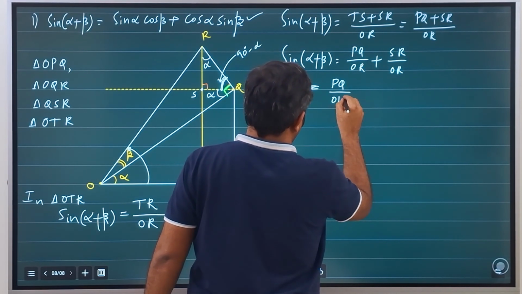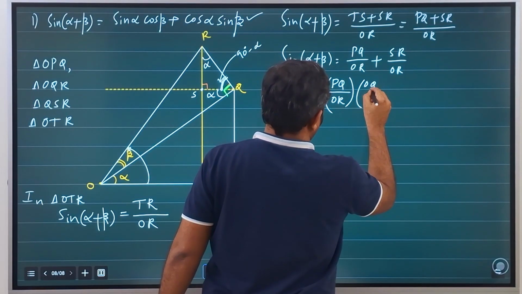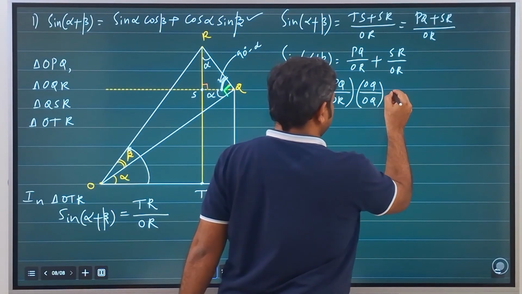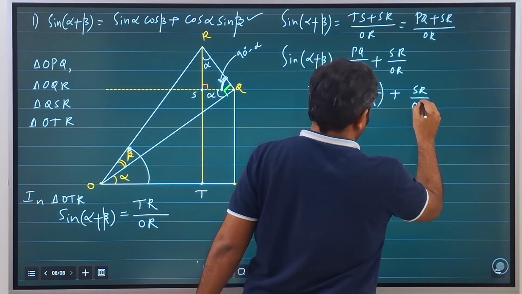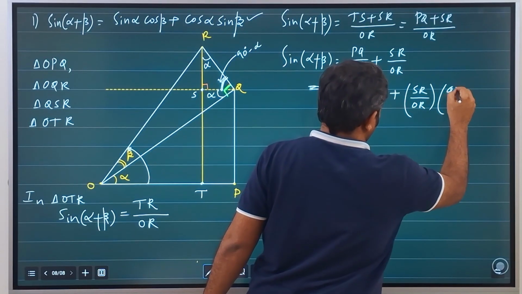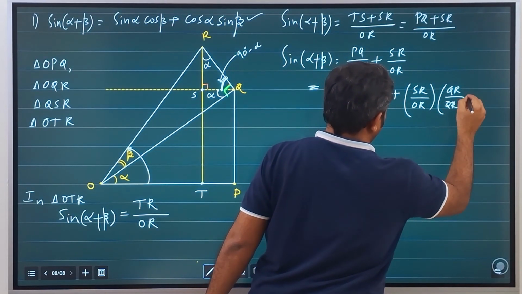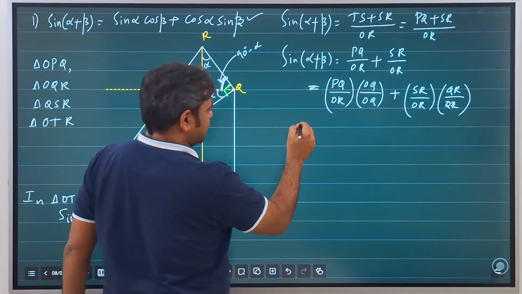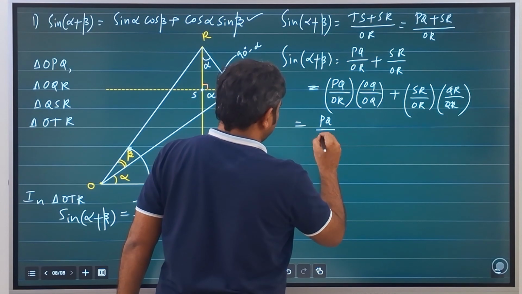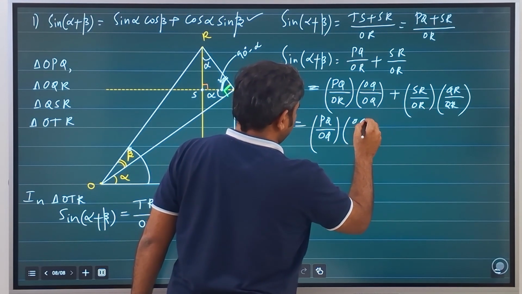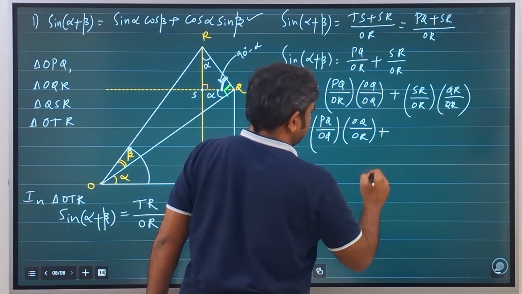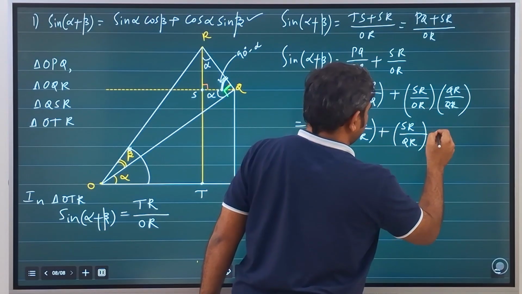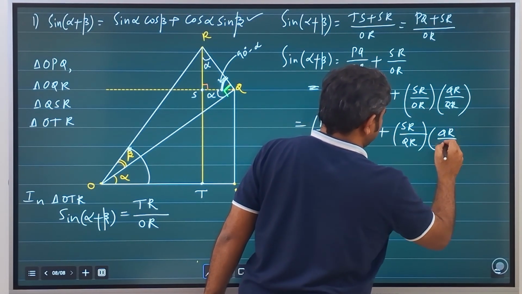We are multiplying with OQ in the numerator and in the denominator to the first term, and in the second term multiply with QR in the numerator and also in the denominator. Look at the figure, rearrange the terms here. This can be written as PQ by OQ into OQ by OR, and this can be written as SR divided by QR into QR divided by OR.